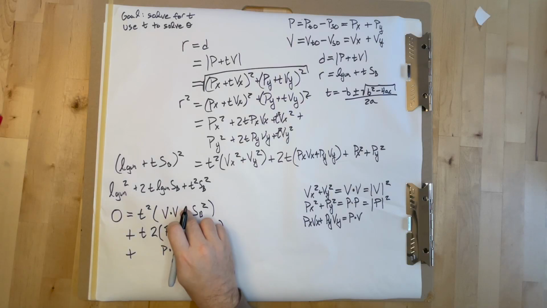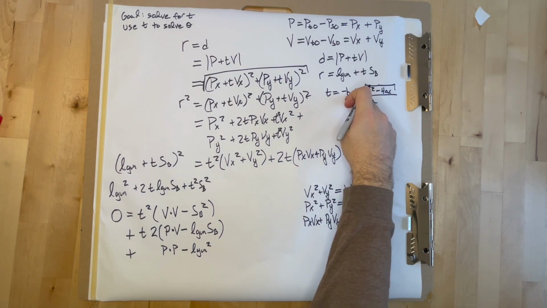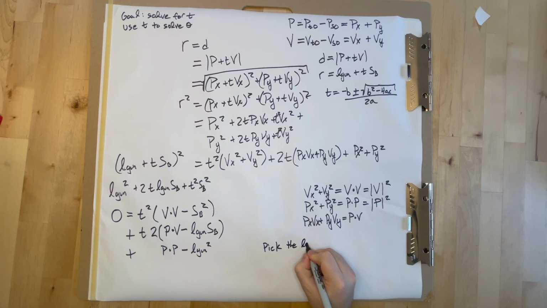Okay, so we're going to take our a, b, and c terms and plug them into our quadratic equation. This will give us two t's. The t's can be positive, they can be negative, or they can give us undefined or an imaginary number. What we're looking for is positive t's.